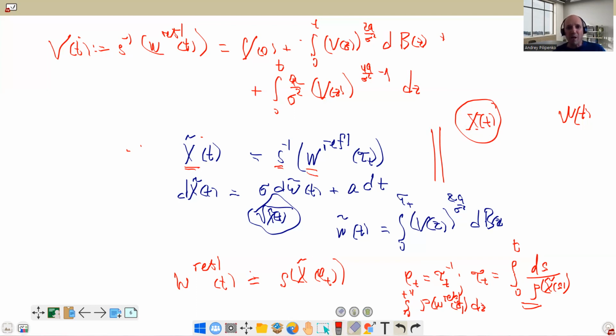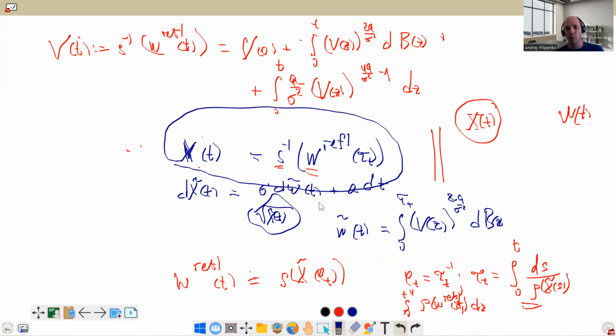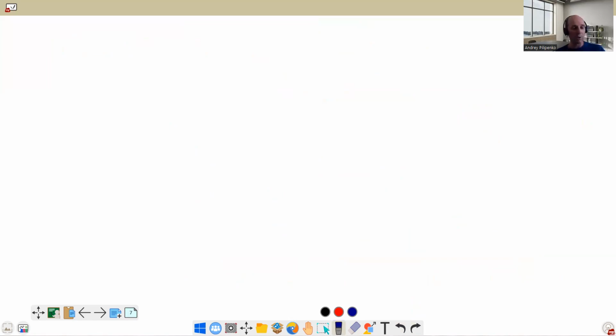Later on, I will not write tilde, and I will assume that our squared Bessel process has this representation with some Brownian motion. And now, what is the local time?